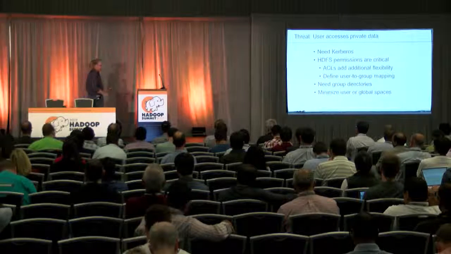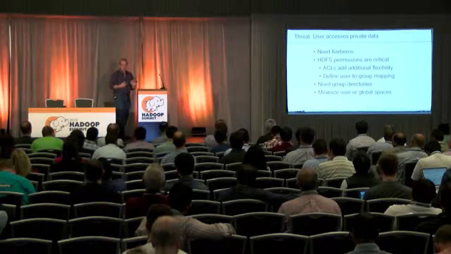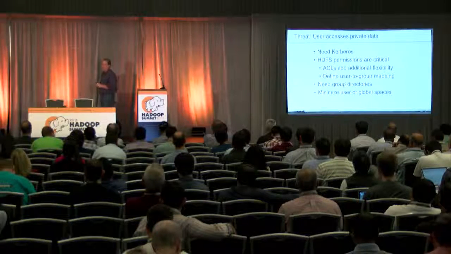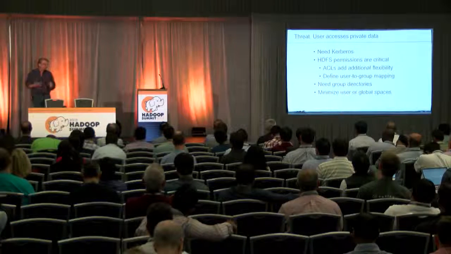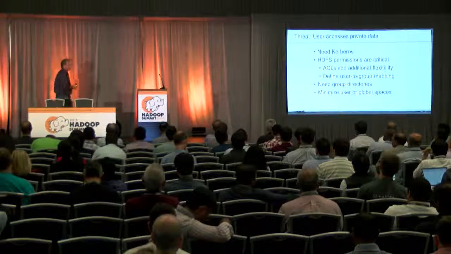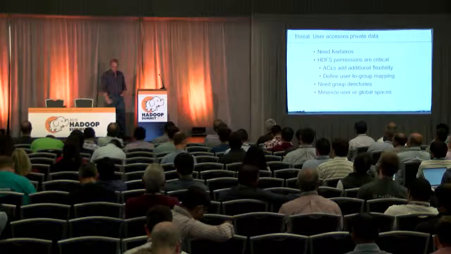And furthermore, when they're talking to a YARN, they're sure that it's actually a YARN server, not someone pretending to be YARN. And they can be sure that they aren't giving their credentials to someone who's not supposed to get them.